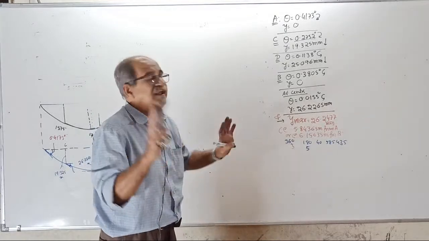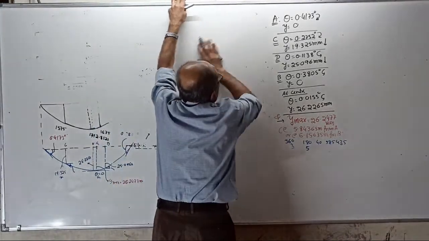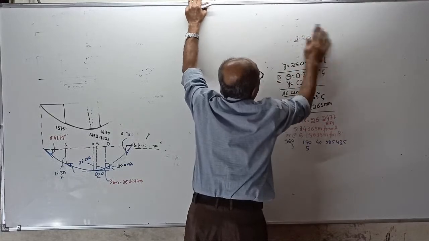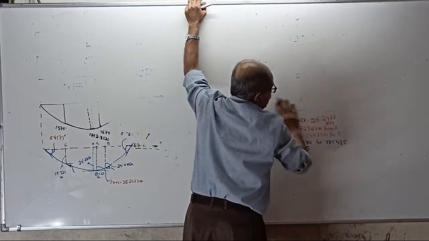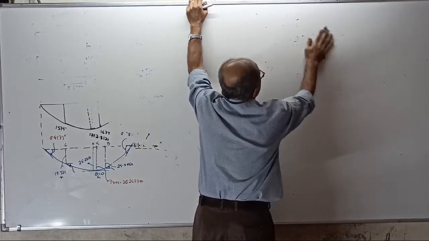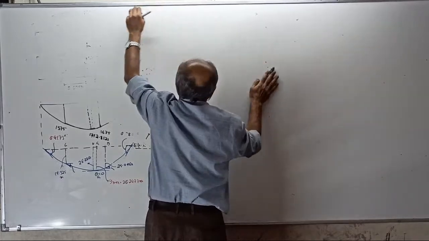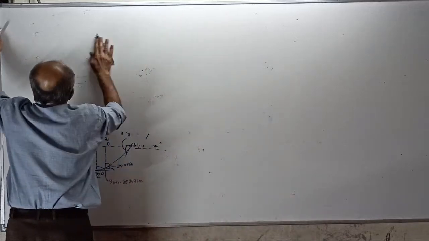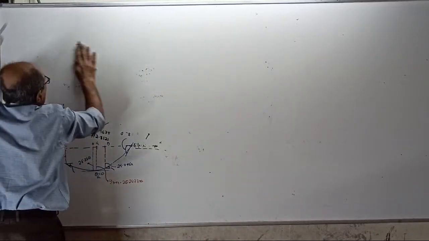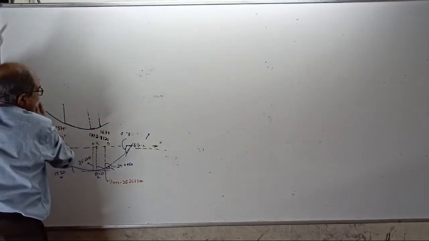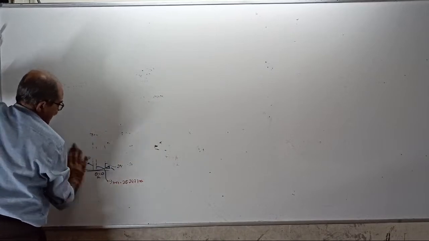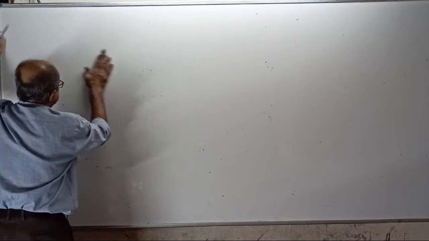Keep on writing. So far we considered loading either only point loads. If only point loads are there, there is no problem. Take any one end as origin, take a section between the last 2 points on the other side, write the BM equation, and then happily solve.